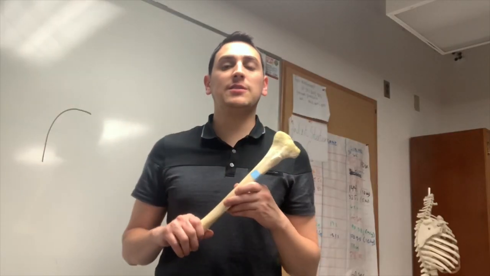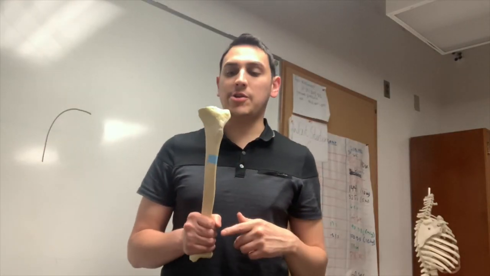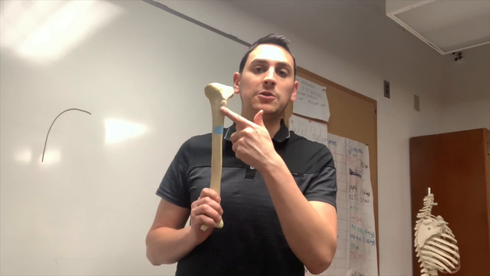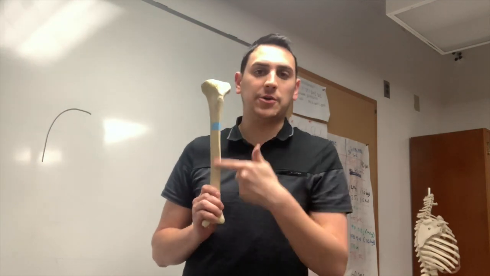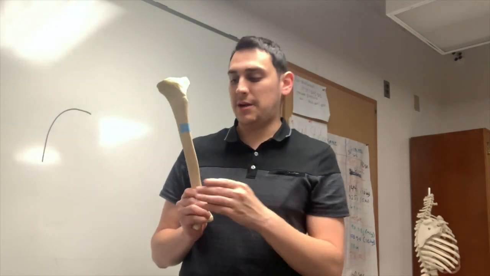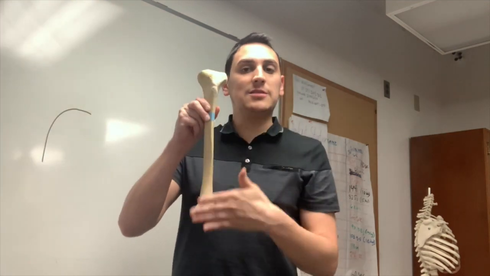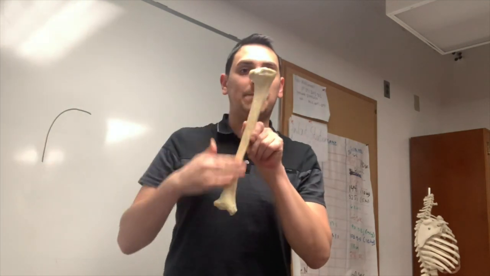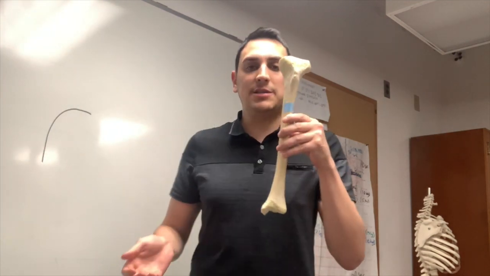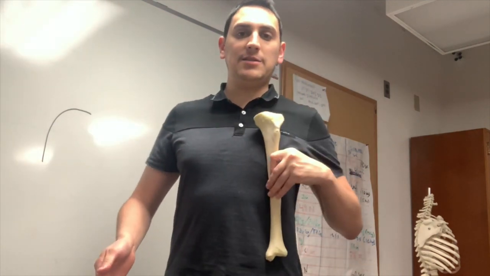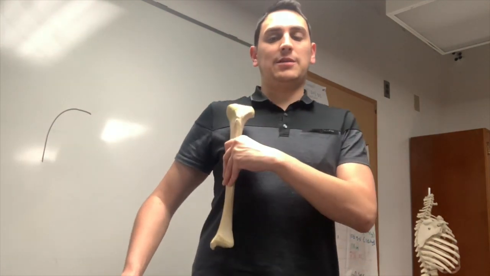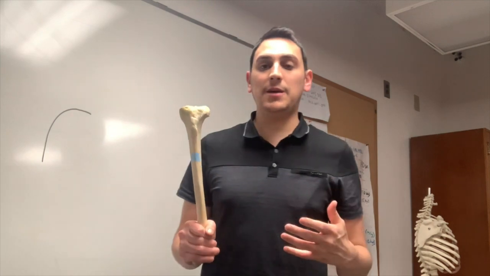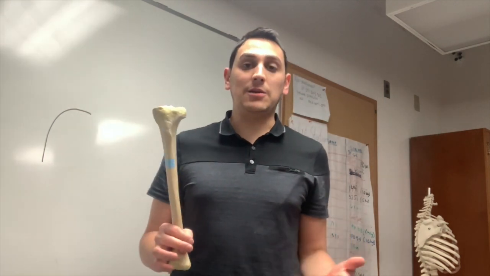The last one we need to decide is the tibia. For my anterior reference, I like to use either the tibial tuberosity or the anterior crest. They're both on the anterior side. So now that I know that this is the front of the bone and this is the back, now I need to ask myself, does the tibia go like this or like this? Well, remember that the tibia is located medially.